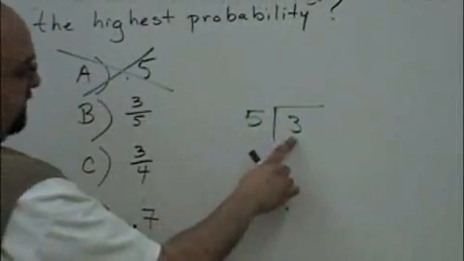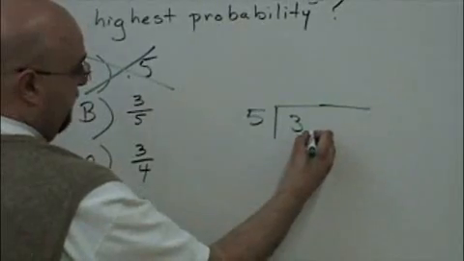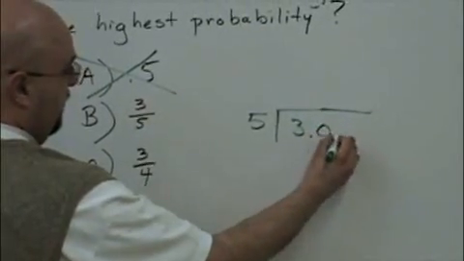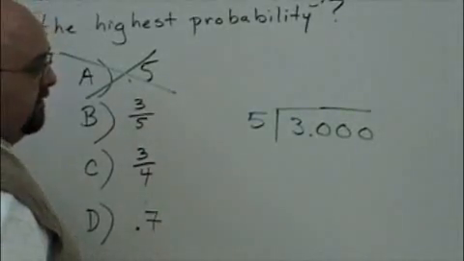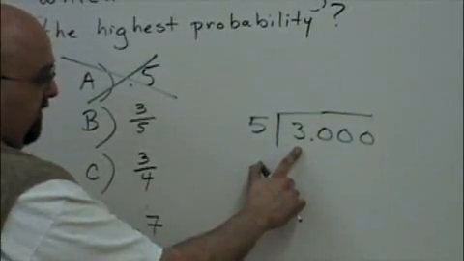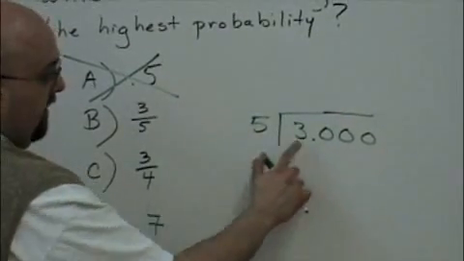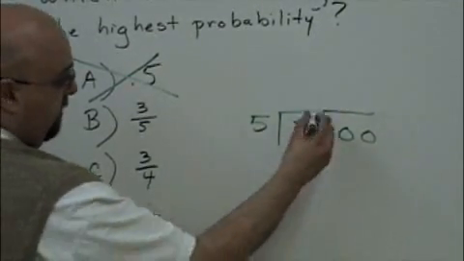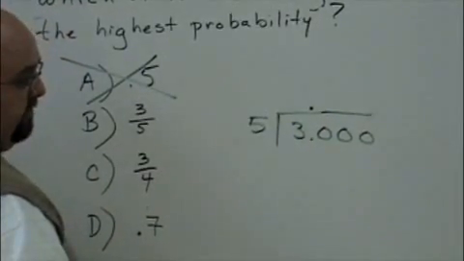Now we know that 5 does not go into 3 evenly, so recall that anytime I want to add digits to a number, I can always just add a decimal and as many zeros as I want. So now, I know that 5 does not go into 3, however, I know that 5 does go into 30. So now, I'll just make sure that I line up my decimal with the decimal inside the divisor.